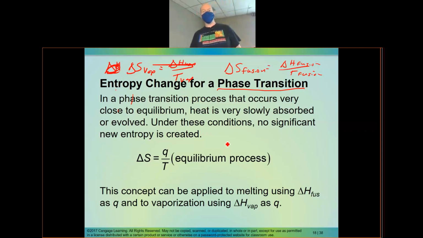Now note, what we're going to find is that a phase change, when it's at its temperature, is at a perfect equilibrium. When you are at a perfect equilibrium, delta G is equal to 0.